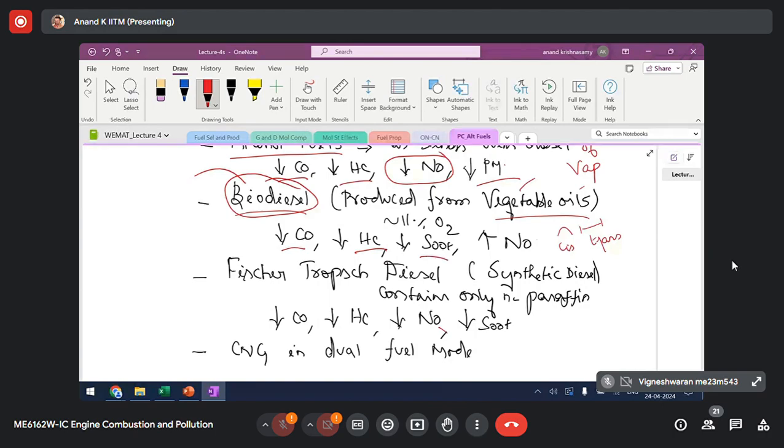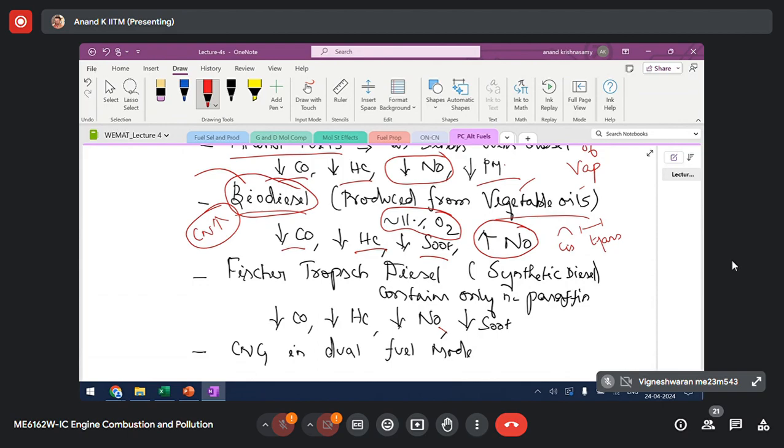This is possible because the fuel contains 11% oxygen, inbuilt oxygen. For the same reason, NO will slightly increase because of fuel-bound oxygen and higher temperature that biodiesel creates. So NO level will be slightly increased, and this fuel's CN number is higher than diesel. So it is a preferable fuel.